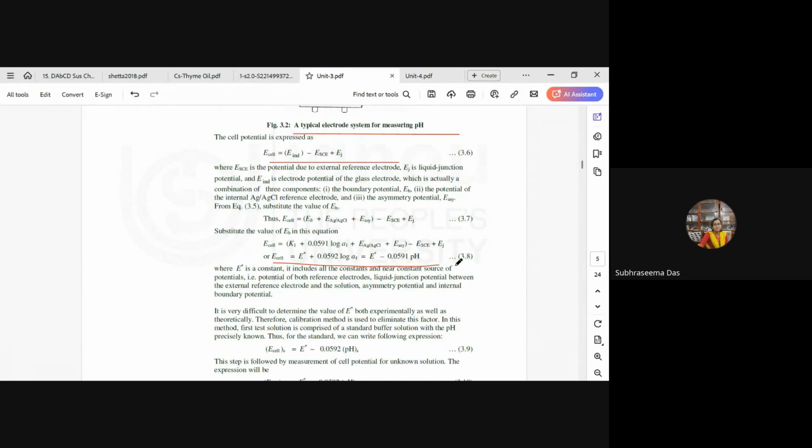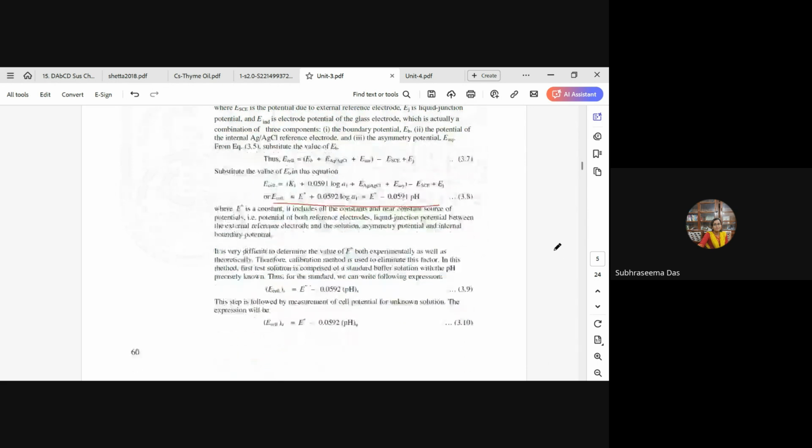E star is taken as a constant, and it includes the potential of the reference electrode, the liquid junction potential, the asymmetry potential, and the internal boundary potential. Since it is a constant, it is written as E star minus 0.0591 into pH.